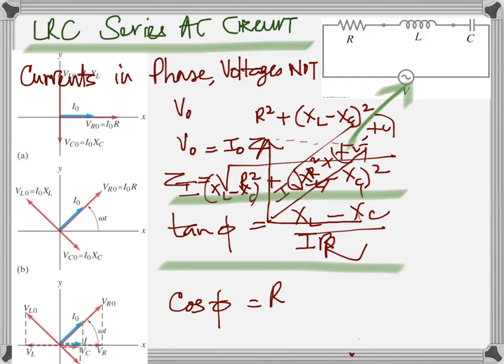IR. So when you divide, the I's cancel out, and you'll get XL minus XC by R. Tan phi is XL minus XC divided by R. The I's will cancel out, isn't it? I times XL minus XC divided by IR.